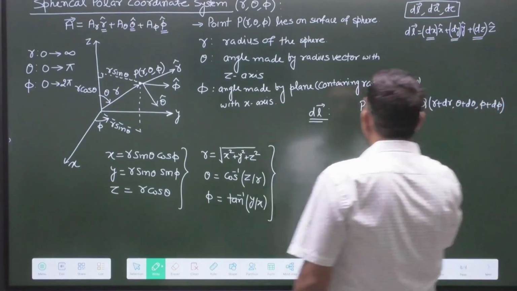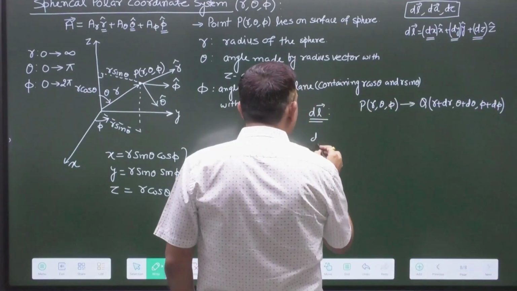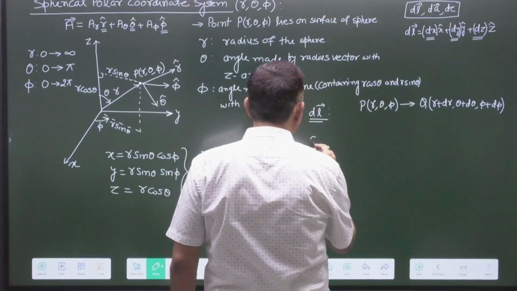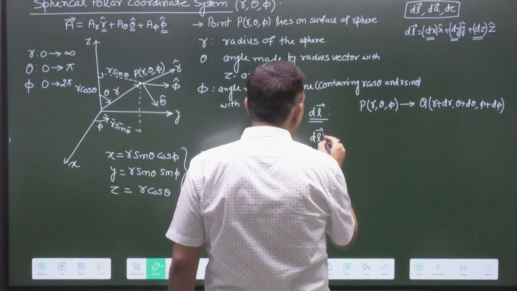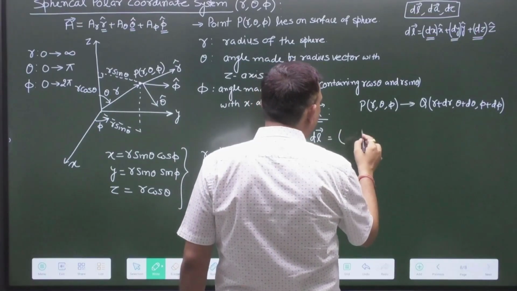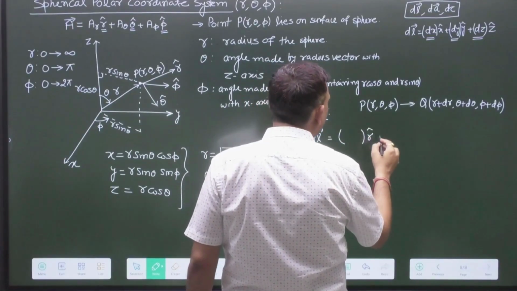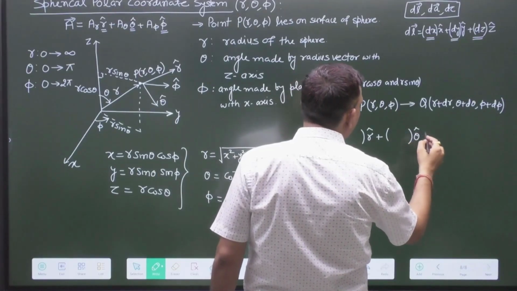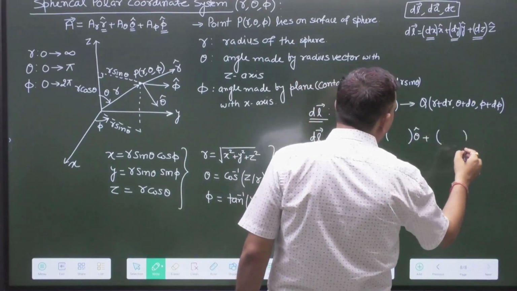So again, dl vector you will write as, we will see what will be change along r cap, what will be change along theta cap, what will be change along phi cap.